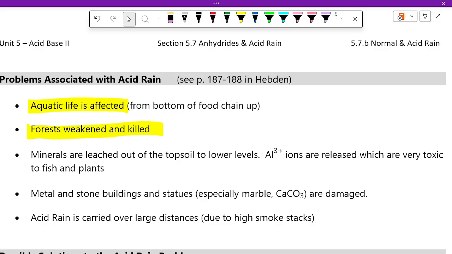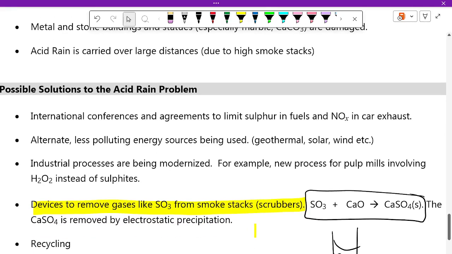So, problems, possible solutions: international conferences and agreements to limit sulfur in fuels, and NO exhaust in cars. Using less polluting energy sources, so instead of using coal, you might use solar or wind or geothermal or hydro.